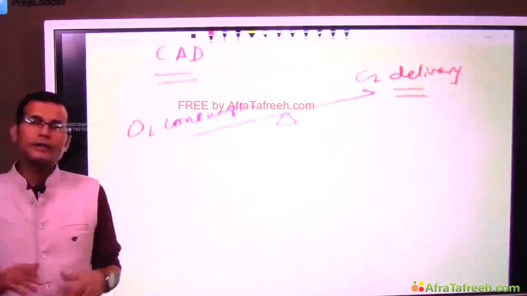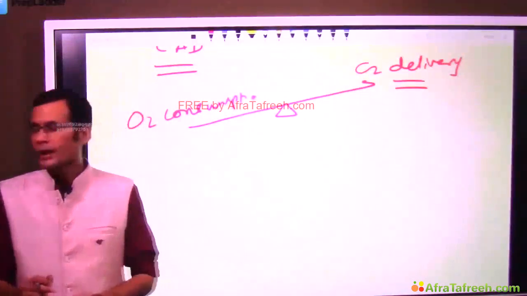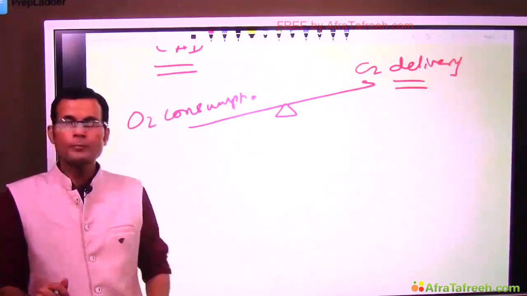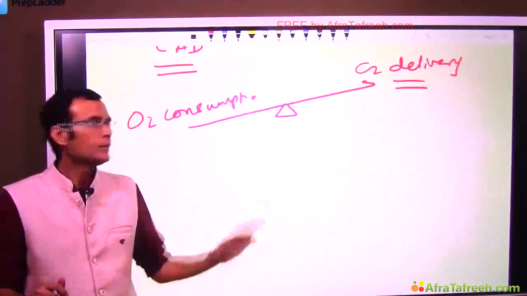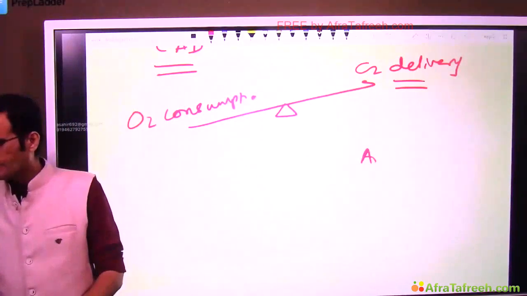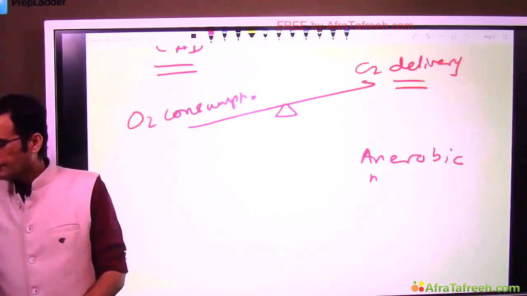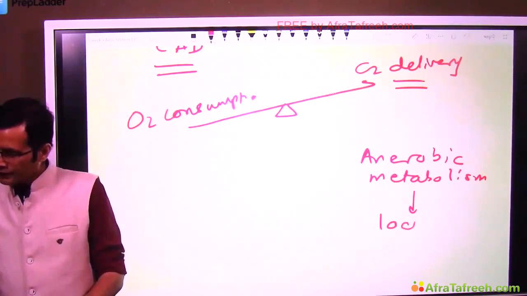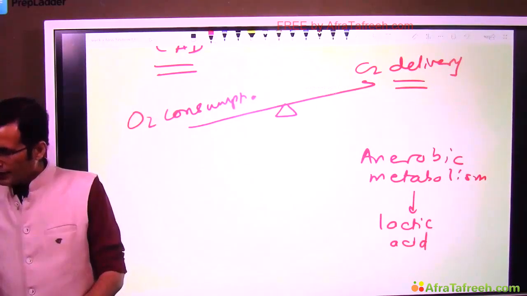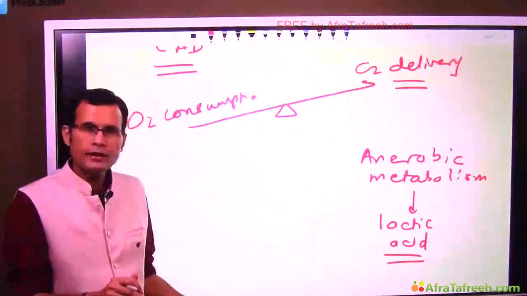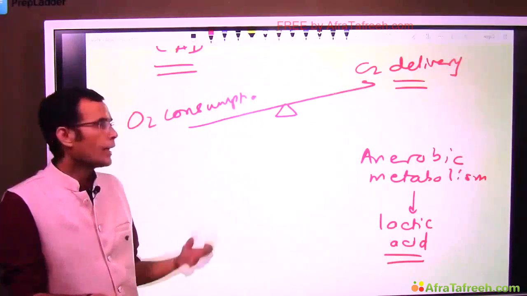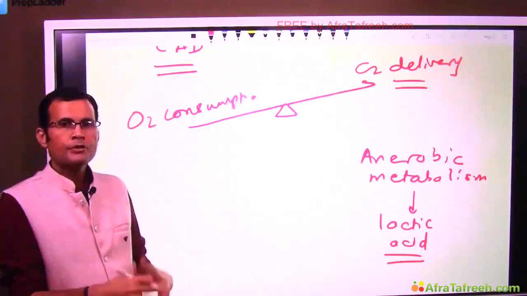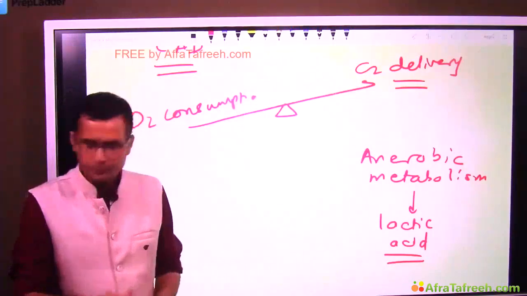Since oxygen delivery is lacking, in that region of the heart there is anaerobic metabolism, and this anaerobic metabolism will generate lactic acid. This lactic acid will leak out of the myocardial cells and start irritating the nerve endings in that region, and that results in pain.